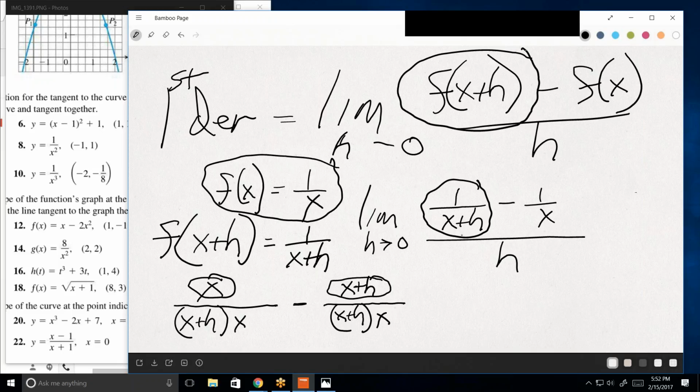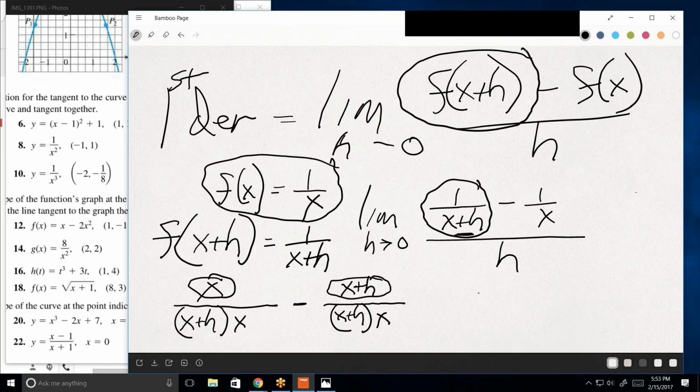Okay, you take this denominator, divide it into your common denominator, and multiply by your existing numerator. Well, when I divide x plus h into my common denominator, I get x. x times 1 is x. So that's how I get the x here. Okay. On the other side, I divide x into my common denominator, and I get x plus h. And I multiply x plus h times the numerator of 1, and I end up with x plus h.